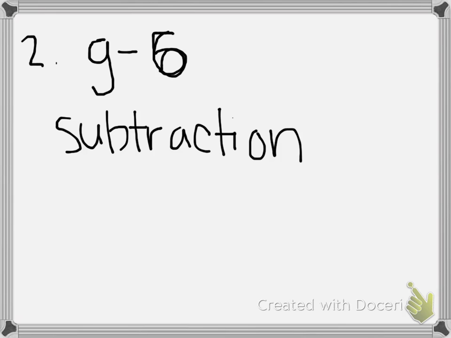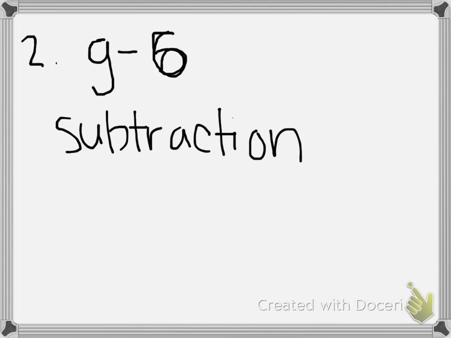So for number 3, you'll need to decide which operation number 3 is stating. My next problem I'll do is number 4. Whoops, sorry. So number 4. The directions for number 4 say, write a word phrase for each algebraic expression.